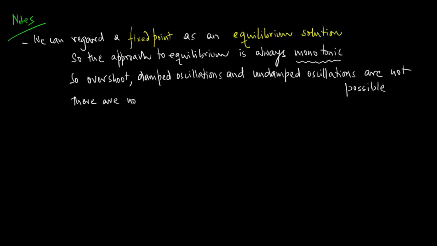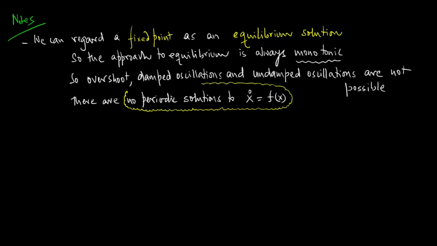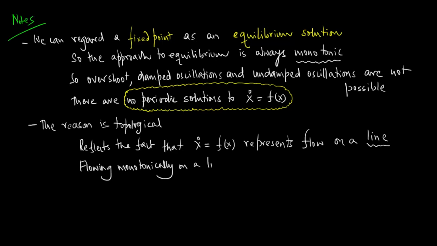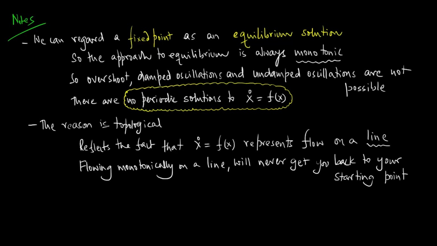So there are actually no periodic solutions to x dot is equal to f of x. And this is a really key point, so we highlight it. The reason, in fact, is topological. It reflects the fact that x dot is equal to f of x represents a flow on a line. So flowing monotonically on a line will actually never get you back to your starting point.